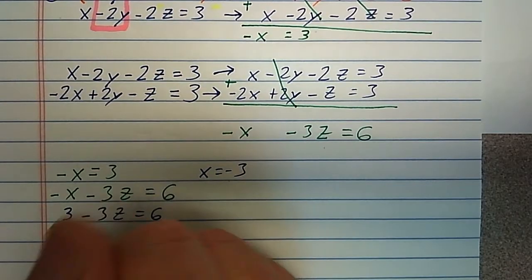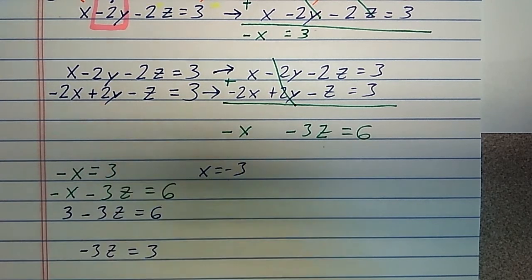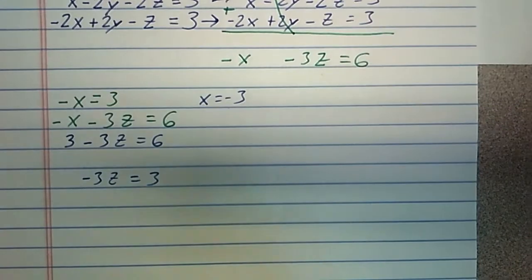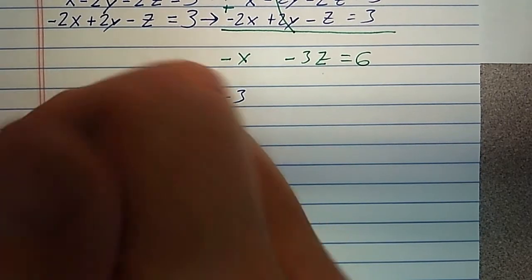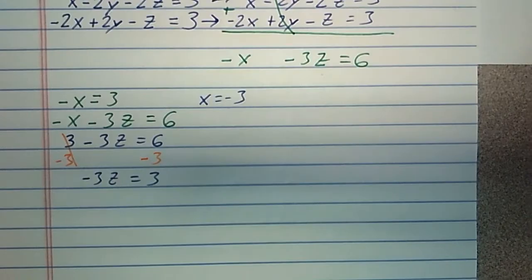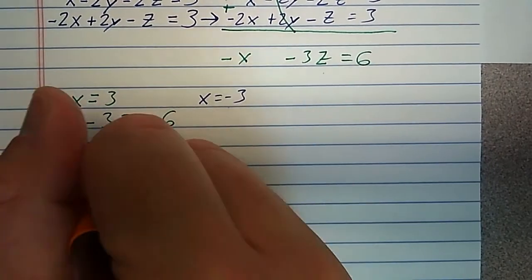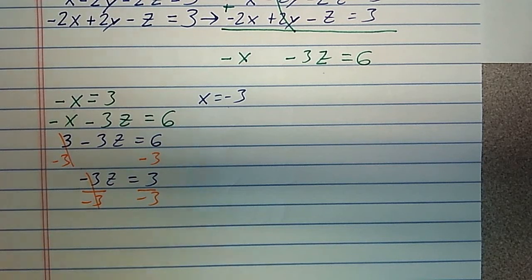Minus 3 from both sides. I don't know if anyone in here needs this, but I'll put it on there. Divide by -3. And you get z as -1.